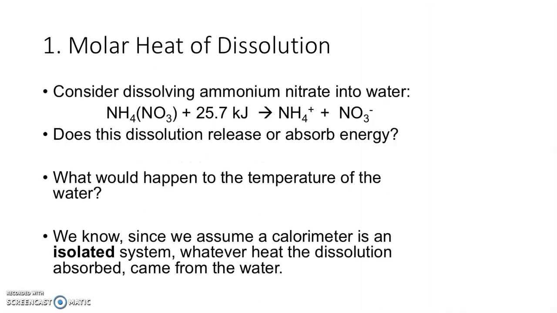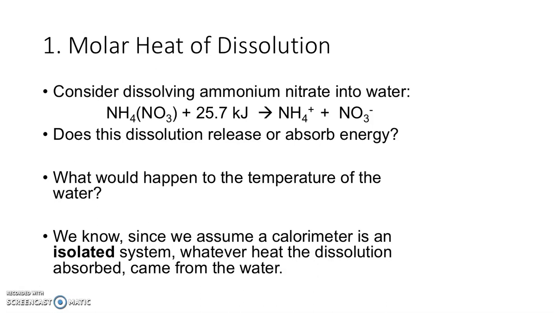Okay, so let's take an example, to get the ideas going and do a little bit of analysis so you can understand the method. You've got this salt, ammonium nitrate, which requires 25.7 kilojoules to dissolve into water. This dissolution absorbs energy because you can see the enthalpy, or the energy, is on the reactant side.